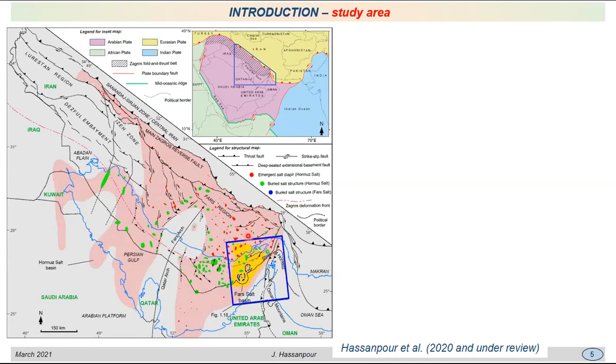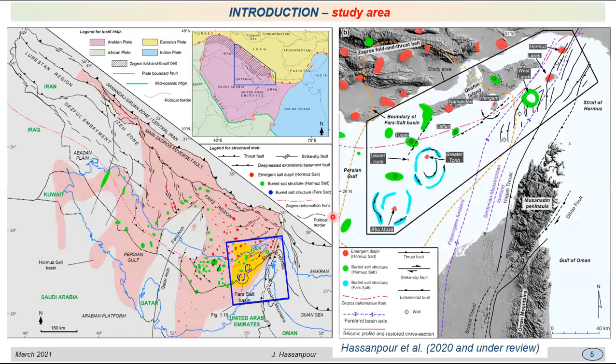Geodynamically, the Zagros is the result of the closure of the Neotethys Ocean that originally separated the Arabian Plate to the south from the Eurasian Plate to the north. And this map, which shows the study area, is a zoom in of this blue polygon. So this is my study area, showing different salt structures.